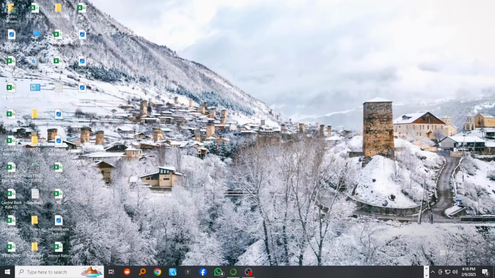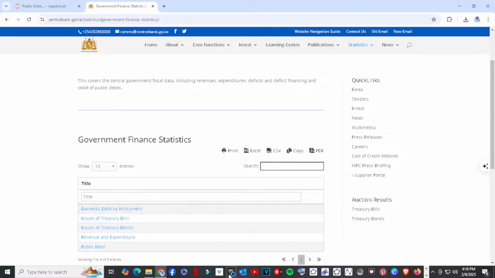Okay, it's here. So this is it. Public debt. Once it opens, we'll have a look at it. So the public debt file is opening.